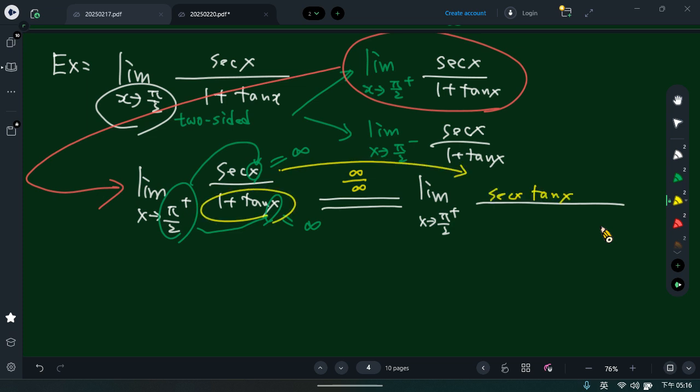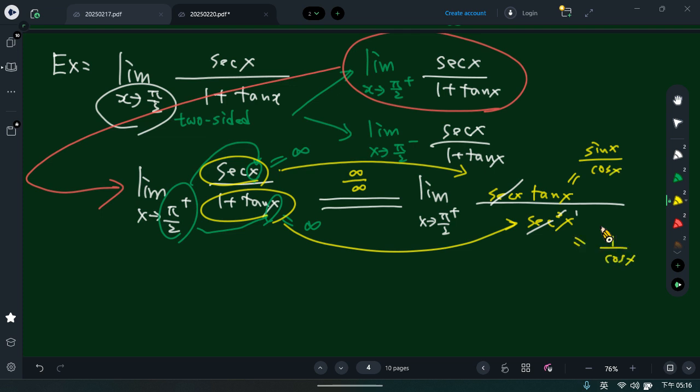When we differentiate this part, we get secant squared x, so we can cancel one factor. Here is sine x over cosine x, and here will be simply 1 over cosine x, right?